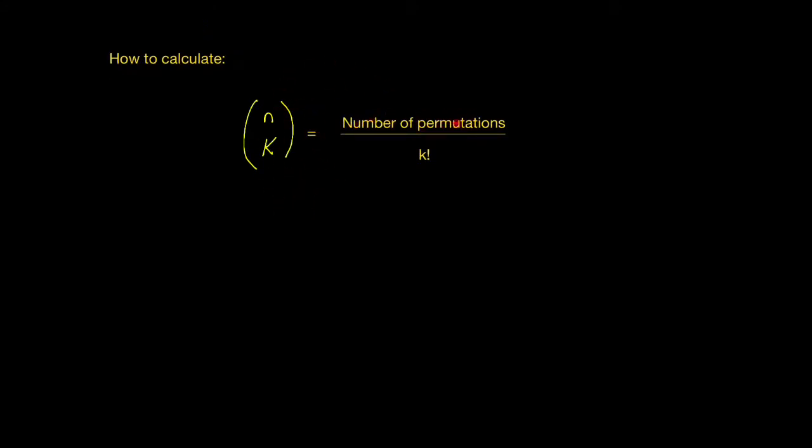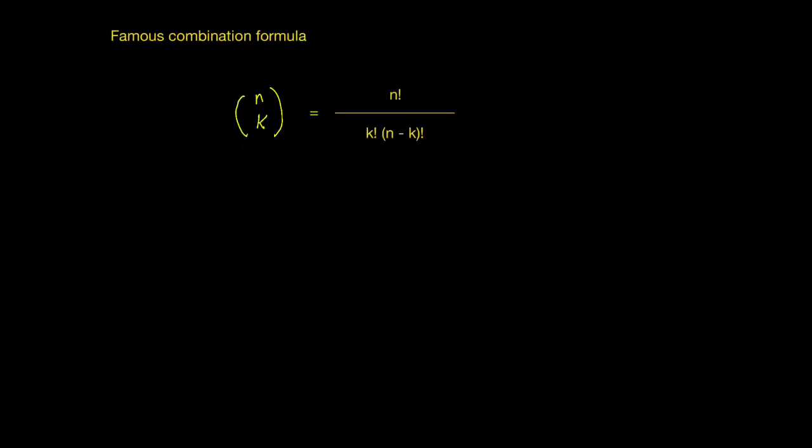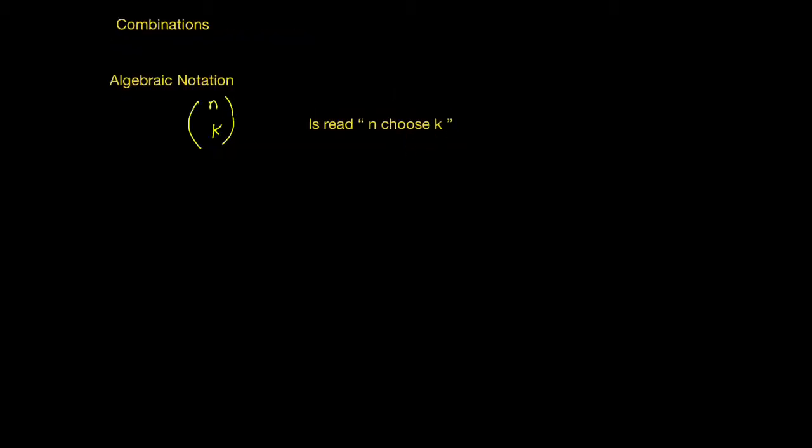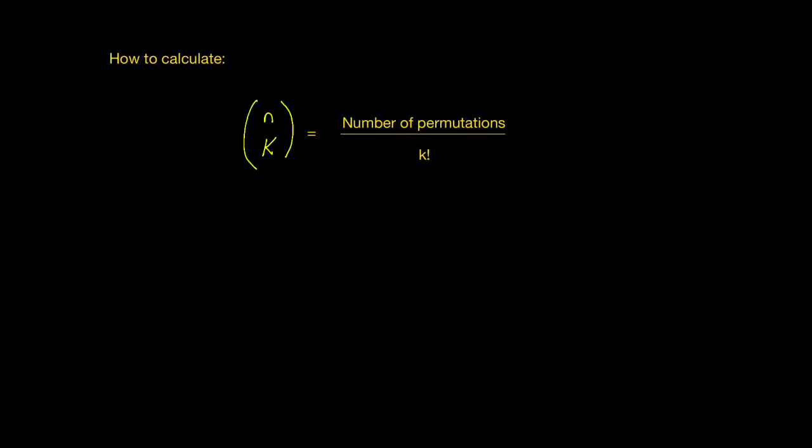And we can even take this a little bit further. The number of permutations, we know how to calculate that as well. And well, let's actually just do it. So here we have n choose k, and that's equal to n factorial over n minus k factorial.